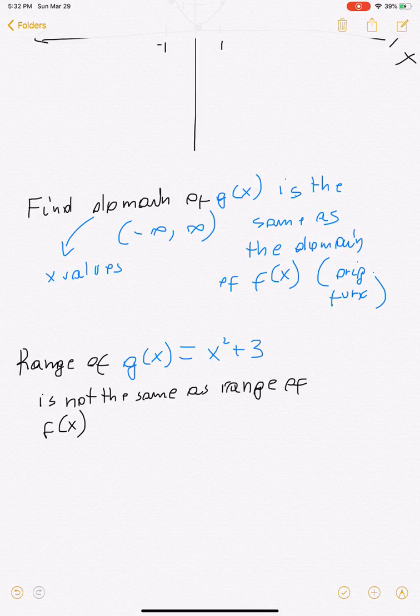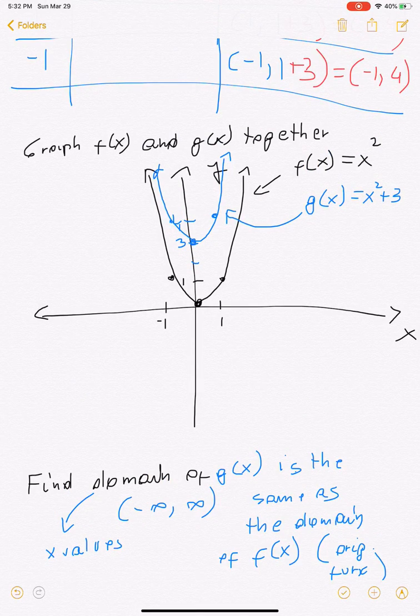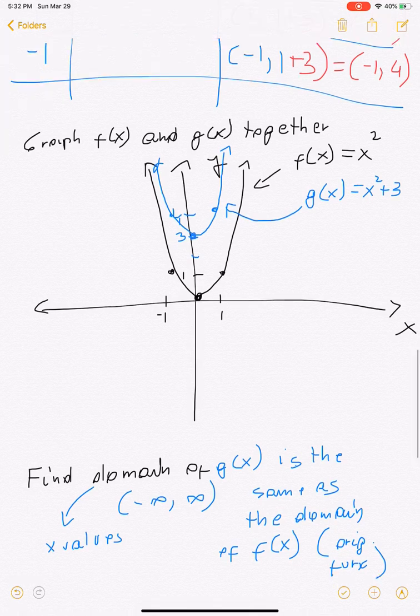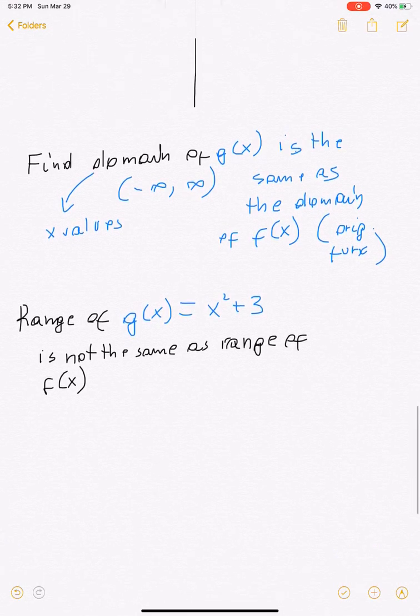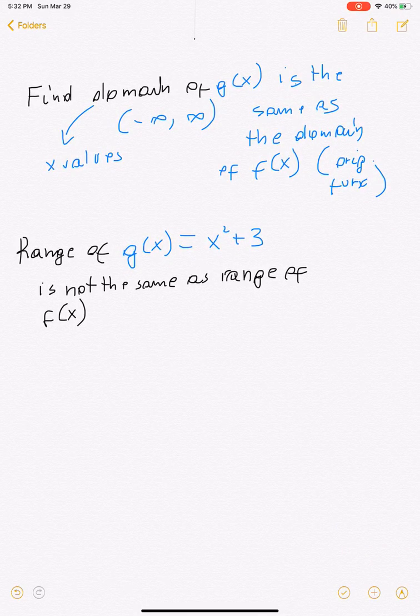So let's go back to the graph. Range, that's the y values. Like you see, the g of x starts from the point 0 comma 3, so the range will be 3 to positive infinity. The range of original function was from 0 to positive infinity. So since we have that vertical shift, the range will be different, always. Unless the range is all real numbers, so then there's no change.